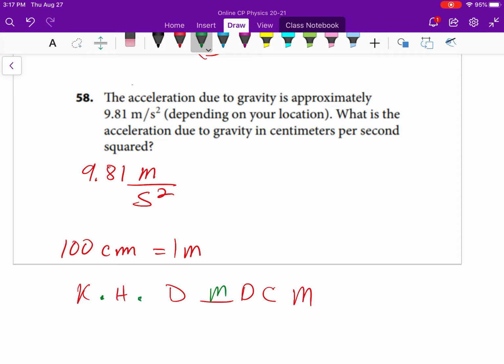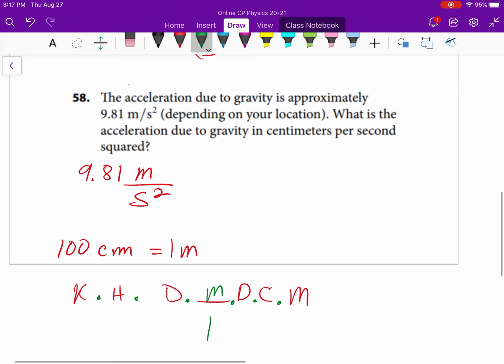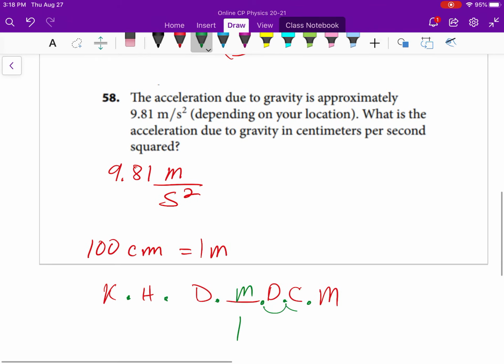And I can have my little decimal points after everything. And if I have 1 meter, I have to go 1, 2, 1, 2 to get to centimeters. So I have 1 meter equals 100 centimeters.